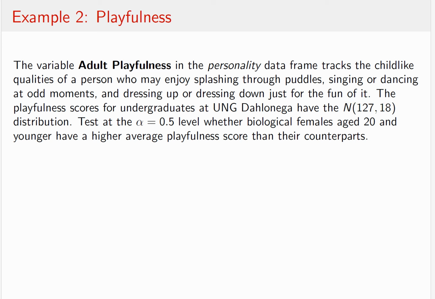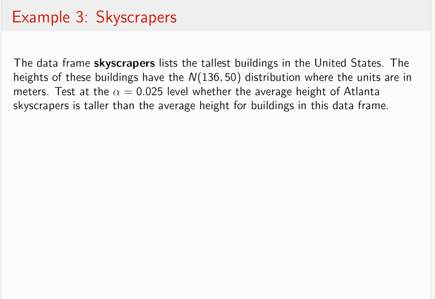So before it was young biological males, more aggressive humor. Now it's young biological females having higher playfulness scores. Okay, we'll see. And we'll run that example in just a second.